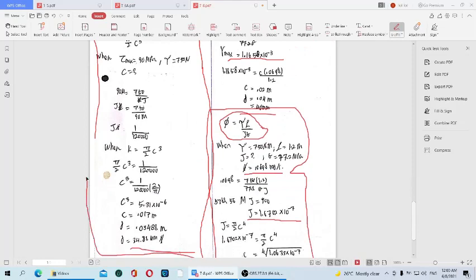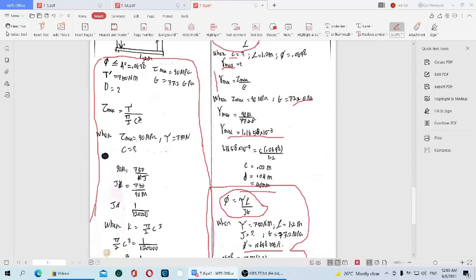For the first problem solving of mine, I am using this equation: tau maximum equal to tau prime over the polar moment of inertia, J. After I simplify, the core equation is tau maximum equal to T prime C over J, the polar moment of inertia.